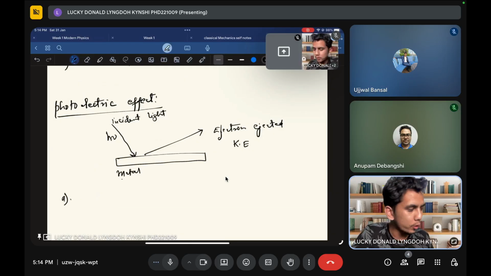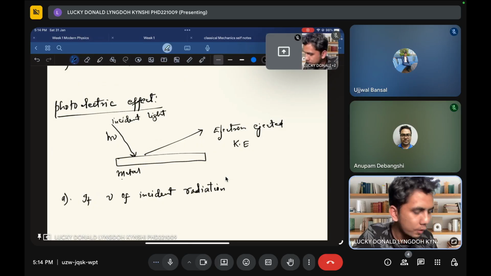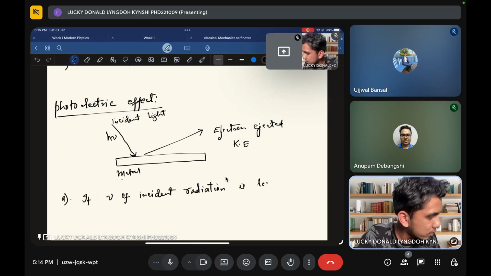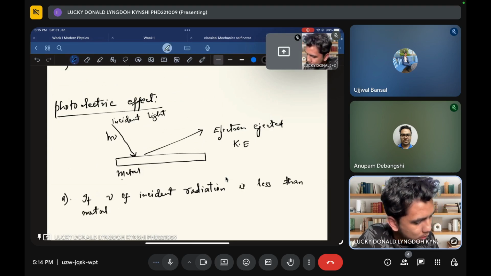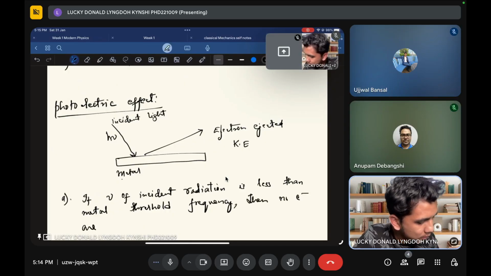What happens is, if the frequency mu of the incident radiation is less than the metal's threshold frequency, then no electrons are ejected.